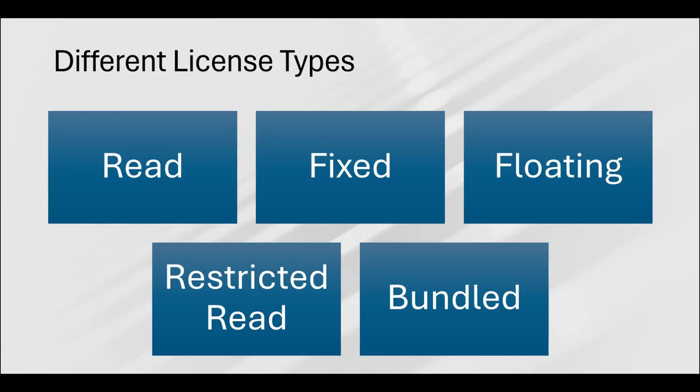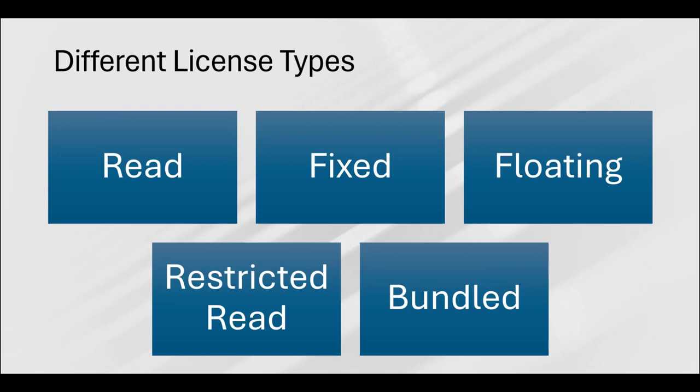Okay, then a fixed license is a license which gives you all the permissions. So it is with you all the time. If you have a fixed license, you can do any modifications in BMC Remedy. You can open any form, you can do any changes, you can write anything, you can make changes to that particular field or form. And a fixed license means it's a dedicated license.